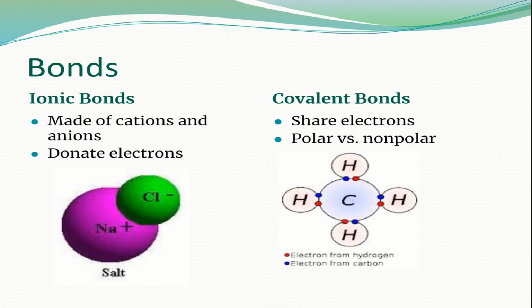Different molecule structures interact with the body differently. So remember, ionic bonds are made of cations and anions, and those cations have a positive charge overall, and the anions have a negative charge overall.